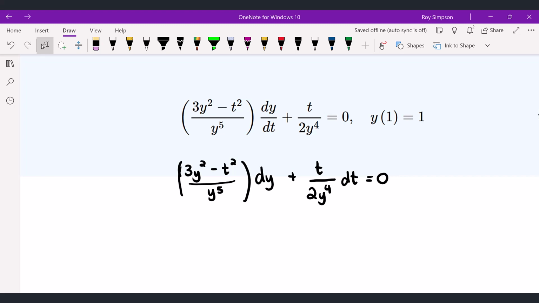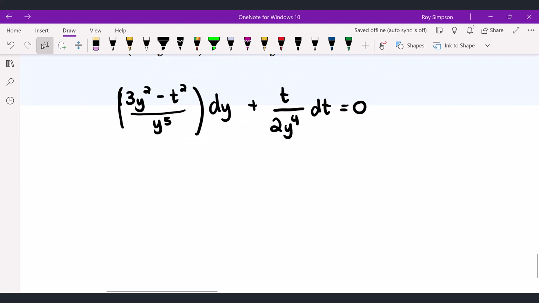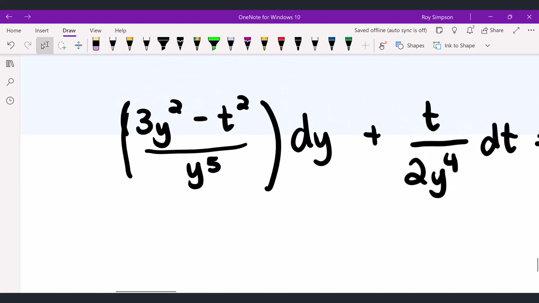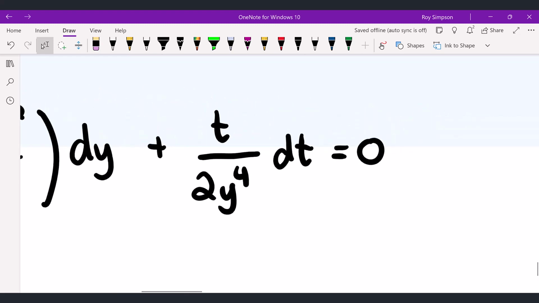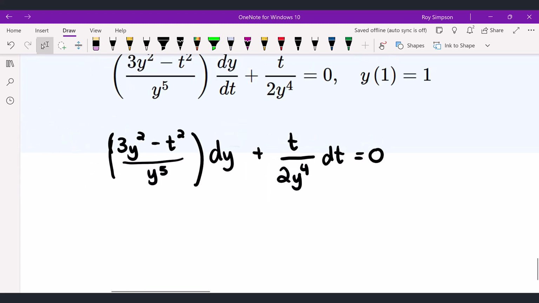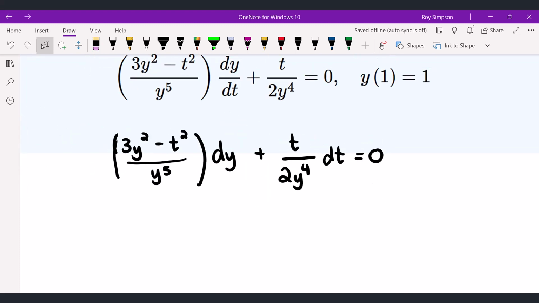Before we dip into it, I'm going to use a different notation here. Because I cannot guarantee that the coefficient of the differential of y is f sub y, and because I cannot guarantee that the coefficient of the differential of t is f sub t, I'm going to call those coefficients something different.